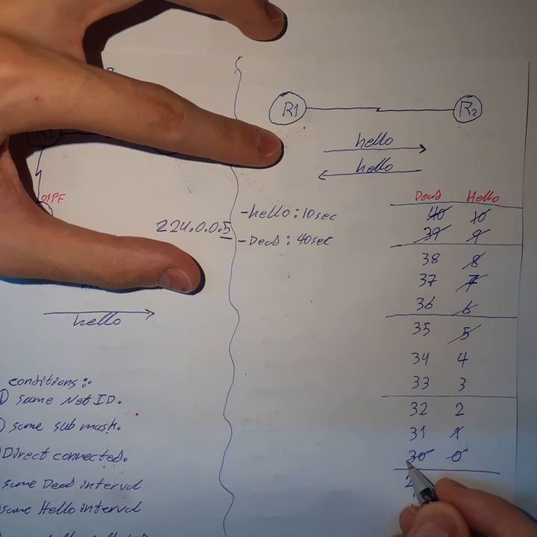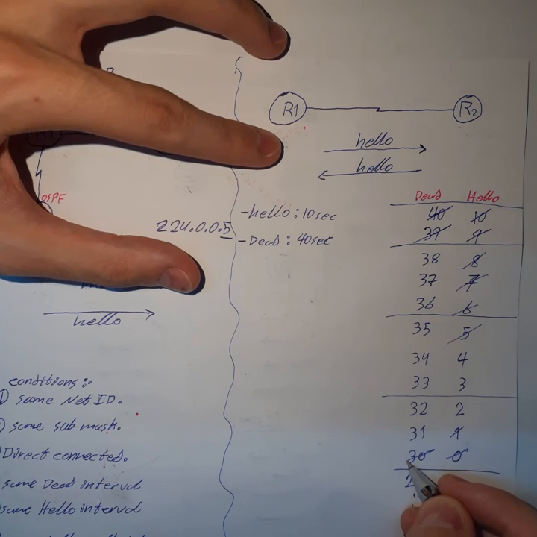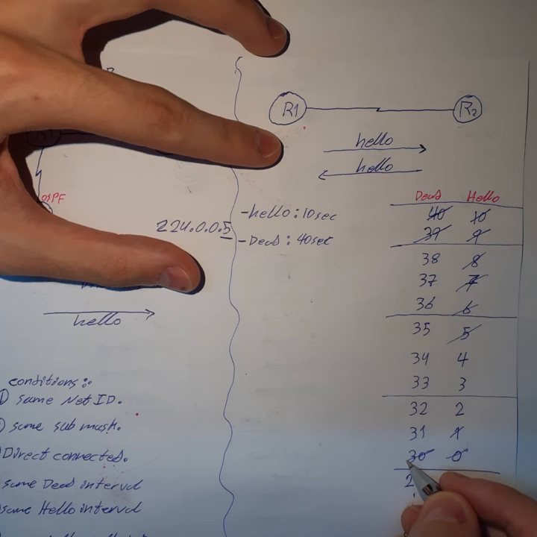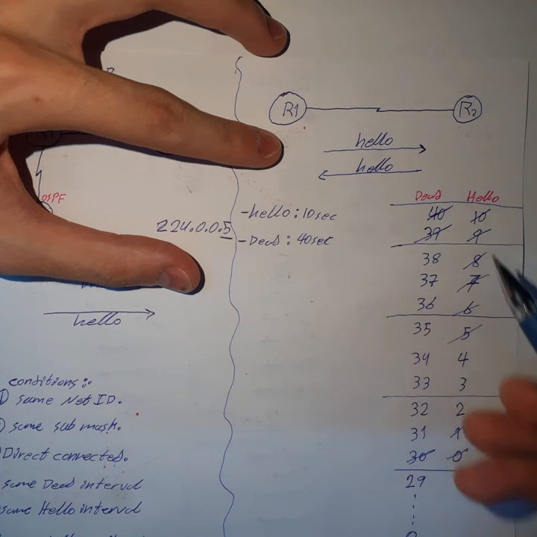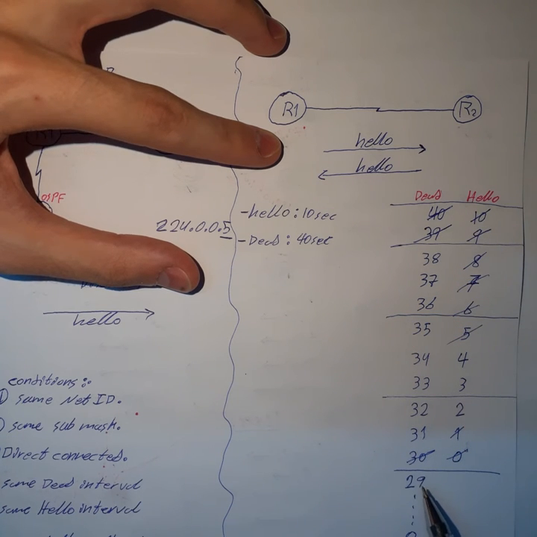Now, router 2 expects that router 1 will send it a hello message. If it doesn't, the dead interval will still count down, 29, 28, until it becomes 0.